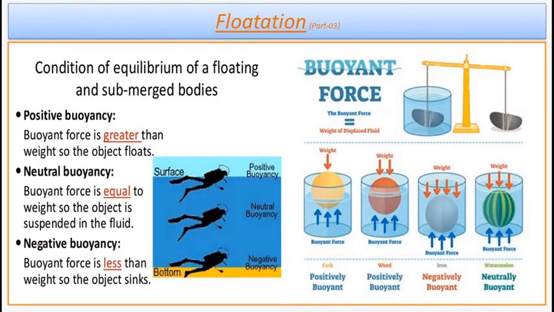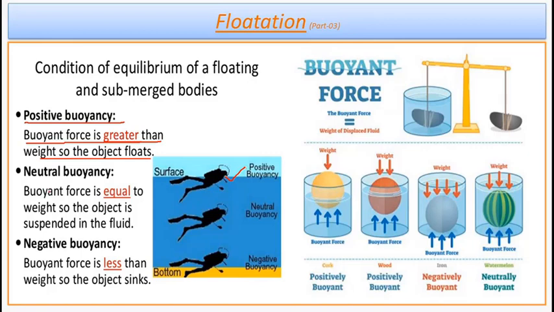Now let's discuss flotation on the basis of buoyant force. Buoyant force can be distinguished into three kinds: positive buoyant force, negative buoyant force, and neutral buoyant force. Positive buoyancy is where the buoyant force is greater than the weight of the object which has been immersed in the liquid. This makes the object float on the surface very evenly, or you can say the object is floating in a very proper manner.